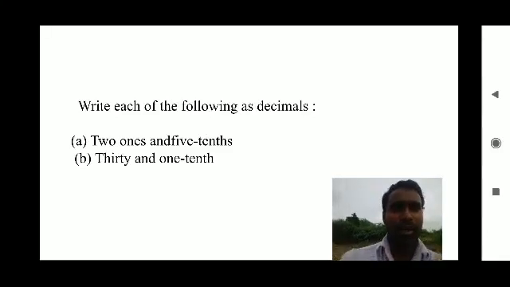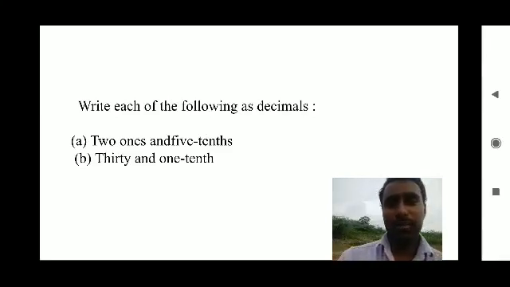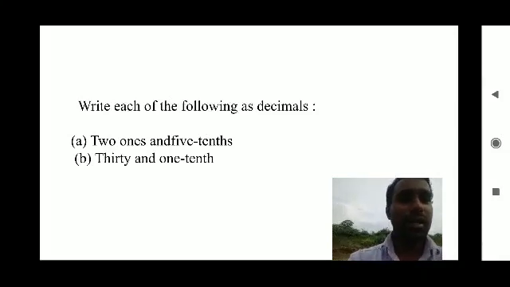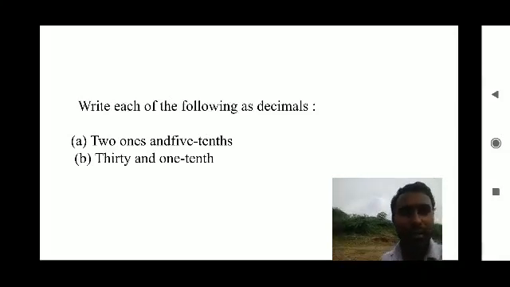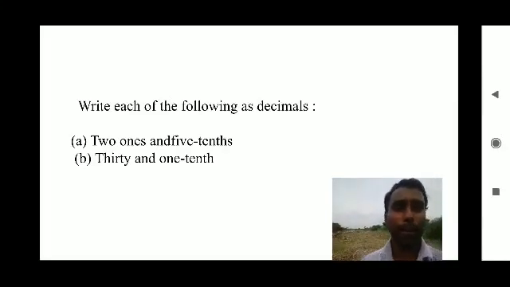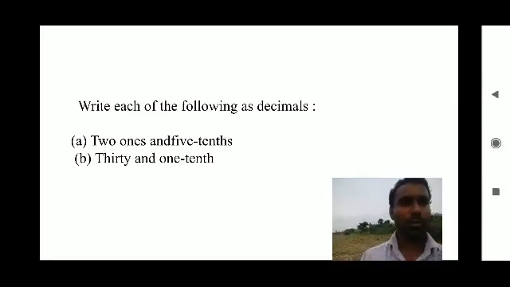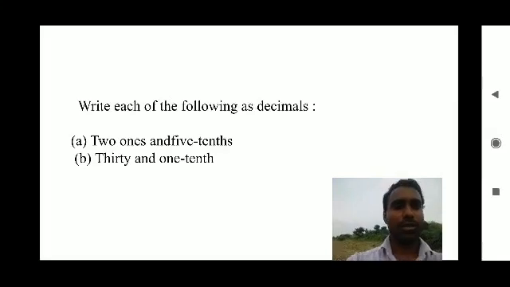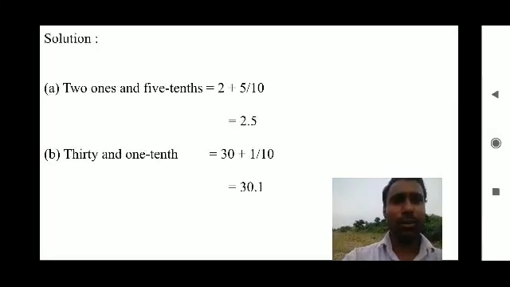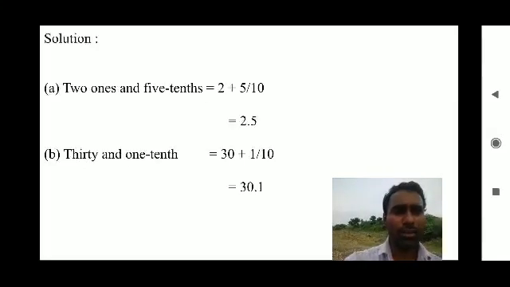How can we write it? Does anybody have a guess? How can we write 2 ones and 5 tenths? Shall we go and see the solution? Just look at the solution.